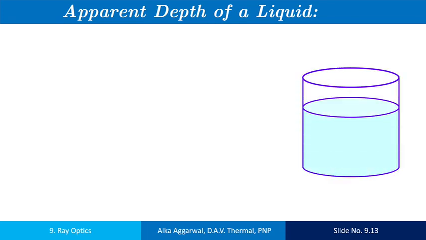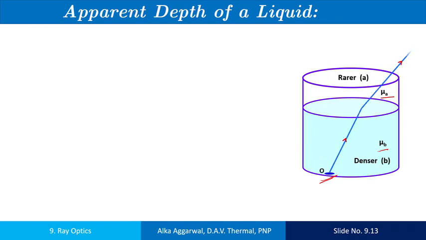Let there be a beaker which is filled with water. The refractive index of the water is taken as mu B and the refractive index of the air is mu A. O is an object lying at the base of the beaker.